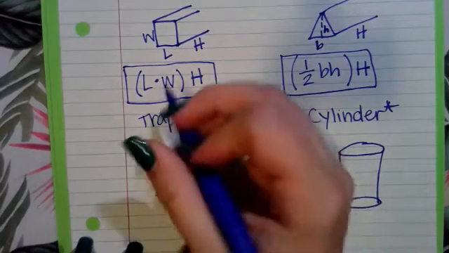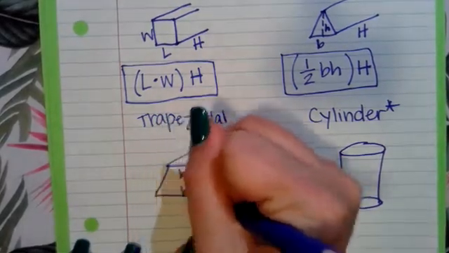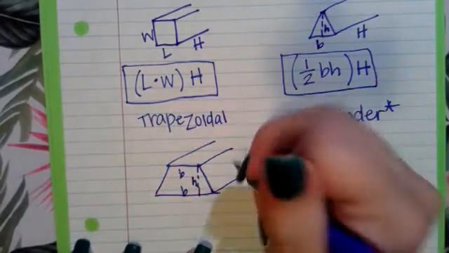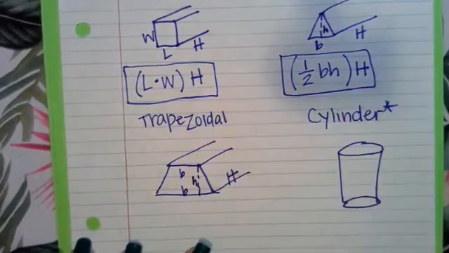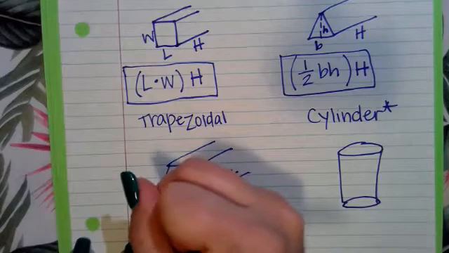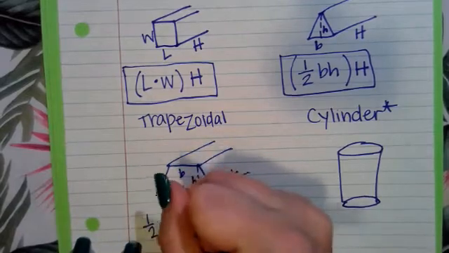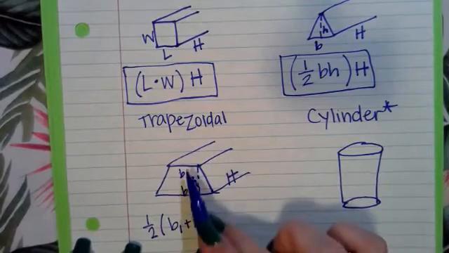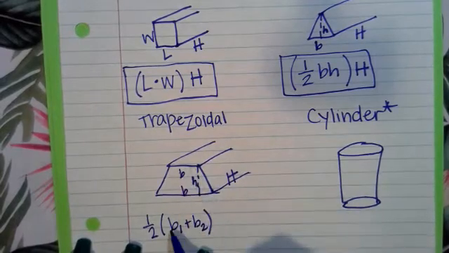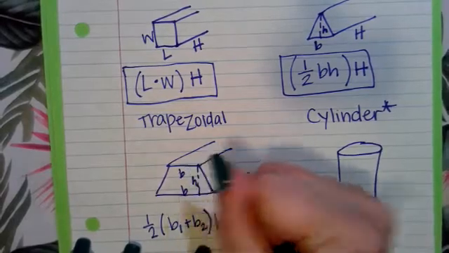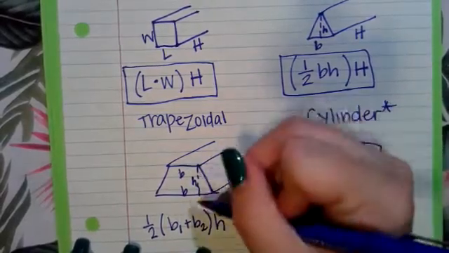For a trapezoid, we have our bases, and then we have the height of our trapezoid, and then we also have the height of the entire prism. To find the area of a trapezoid, we take 1/2 the sum of our bases, so base 1 plus base 2. It doesn't matter which base is base 1 or base 2, because when you add them in either order, you get the same thing, times the height of our trapezoid.